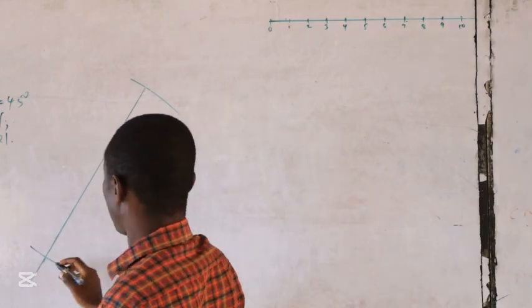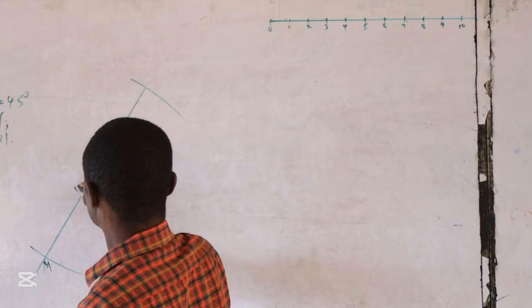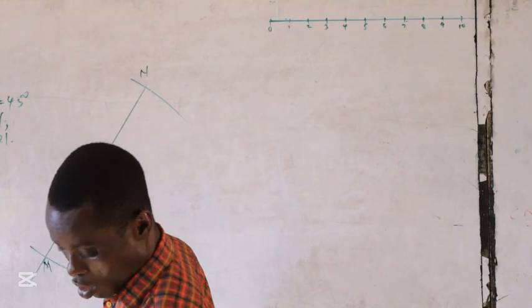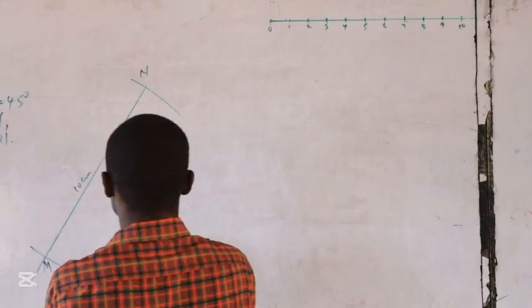This is 10. We have M here. 10. We have N. Now, on N, we are going to construct 90.